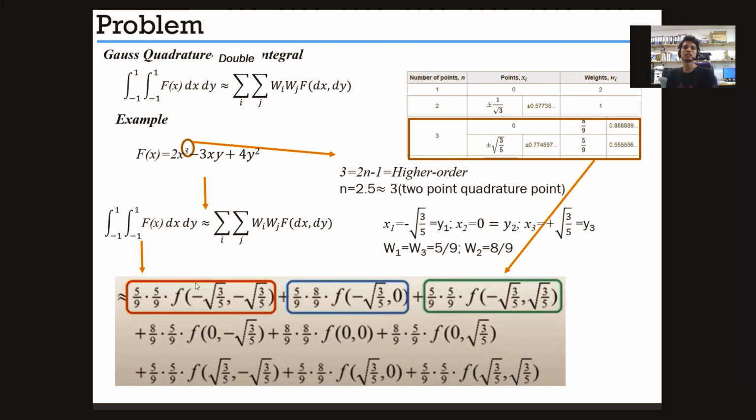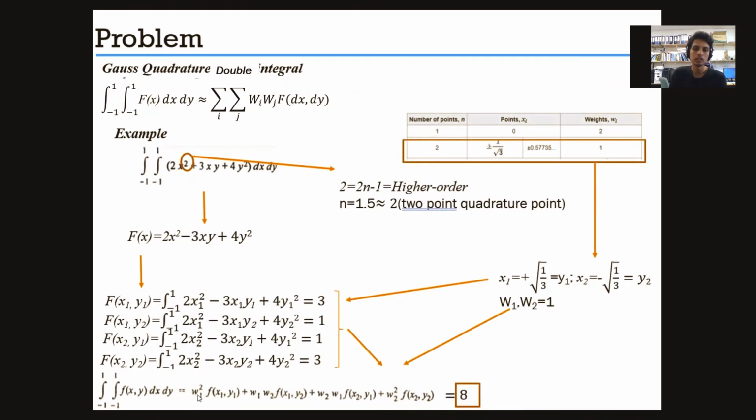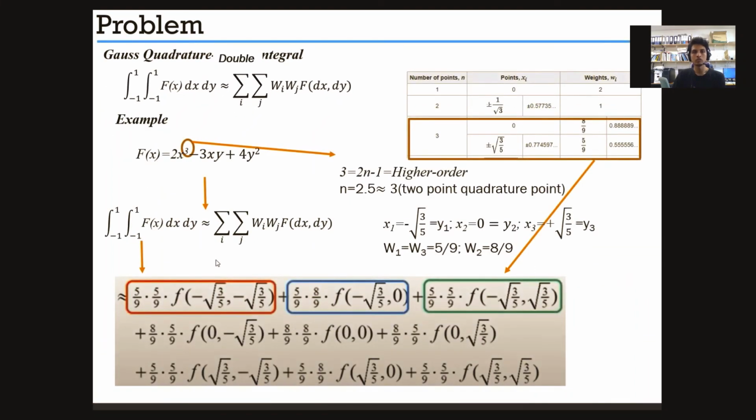In the same way, we'll just put the formula here. In the formula there were 4 terms, but now since we have 9 points, we have 9 terms, 1 2 3 4 5 6 7 8 9.